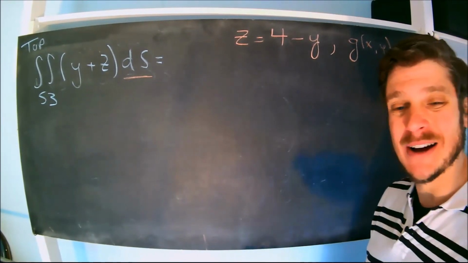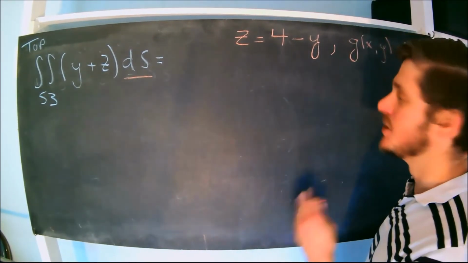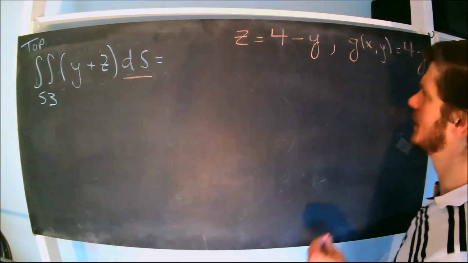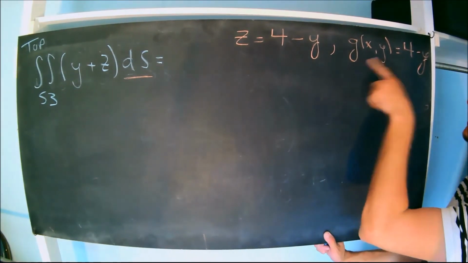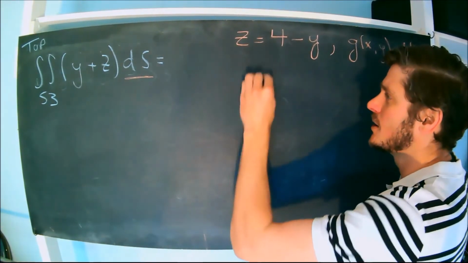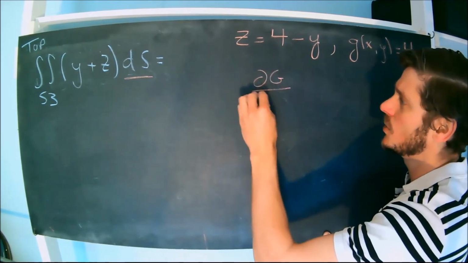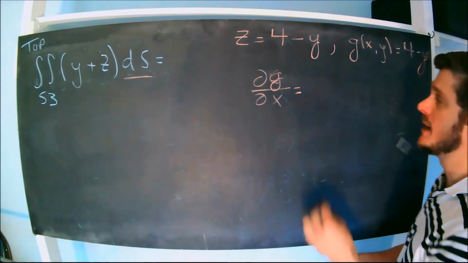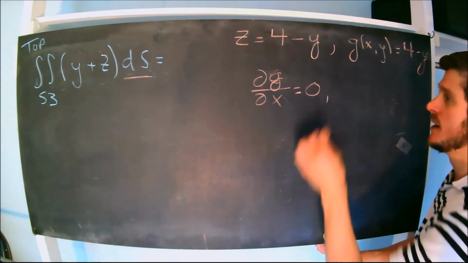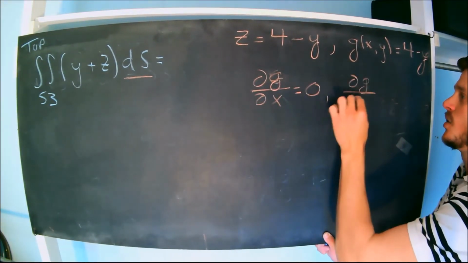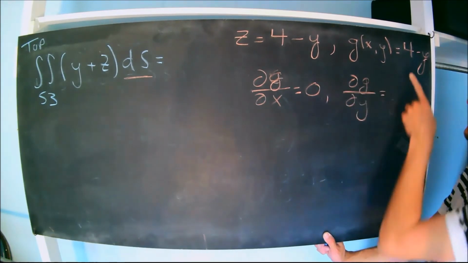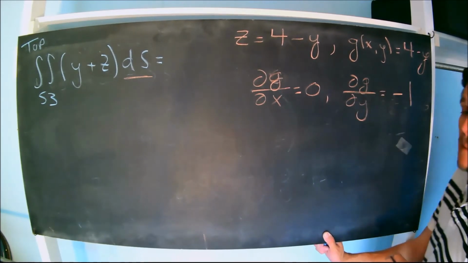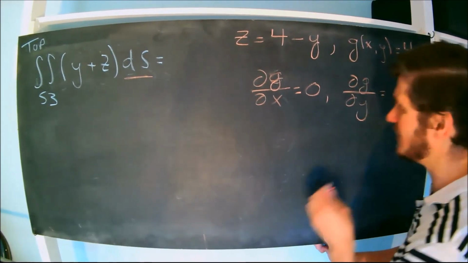The partials in this case are going to be not 0, so this will be a very slight amount of work more. So g is the function 4 minus y, so the partial of g with respect to x is 0. And then the partial of g with respect to y, well, 4 is a constant, that's gone, so the derivative of minus y with respect to y is minus 1.